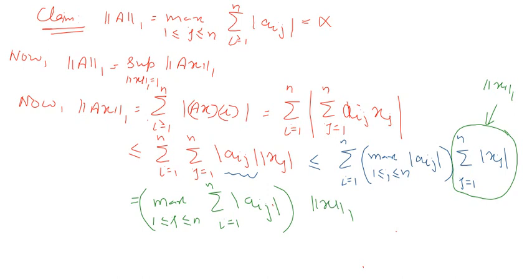So let x belong to Rn be a non-zero vector. Then the above thing implies that norm of ax1 divided by norm x1 is less than or equal to alpha.